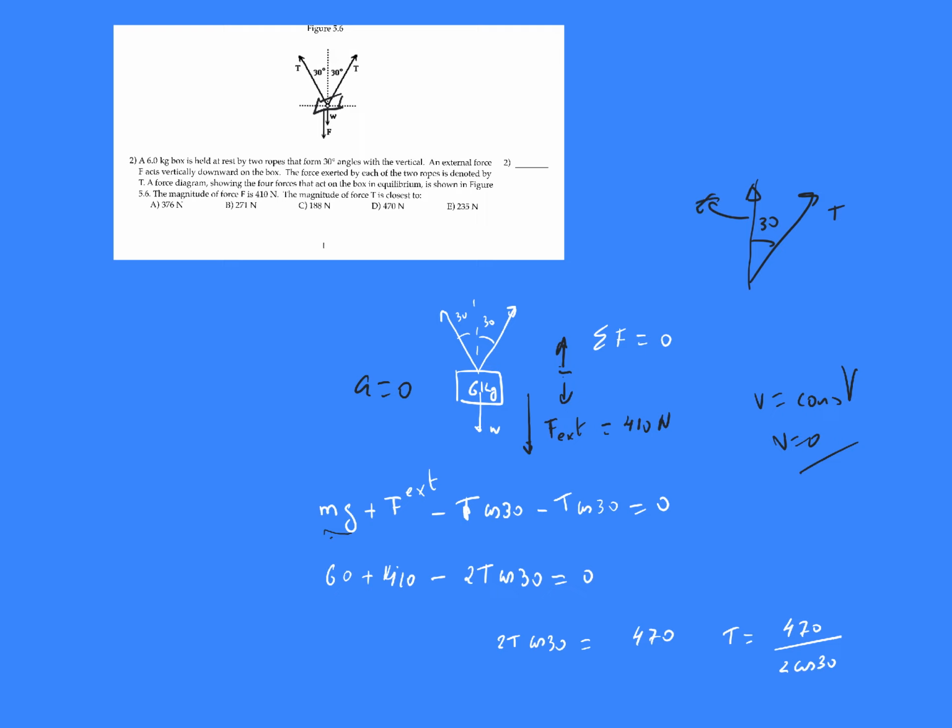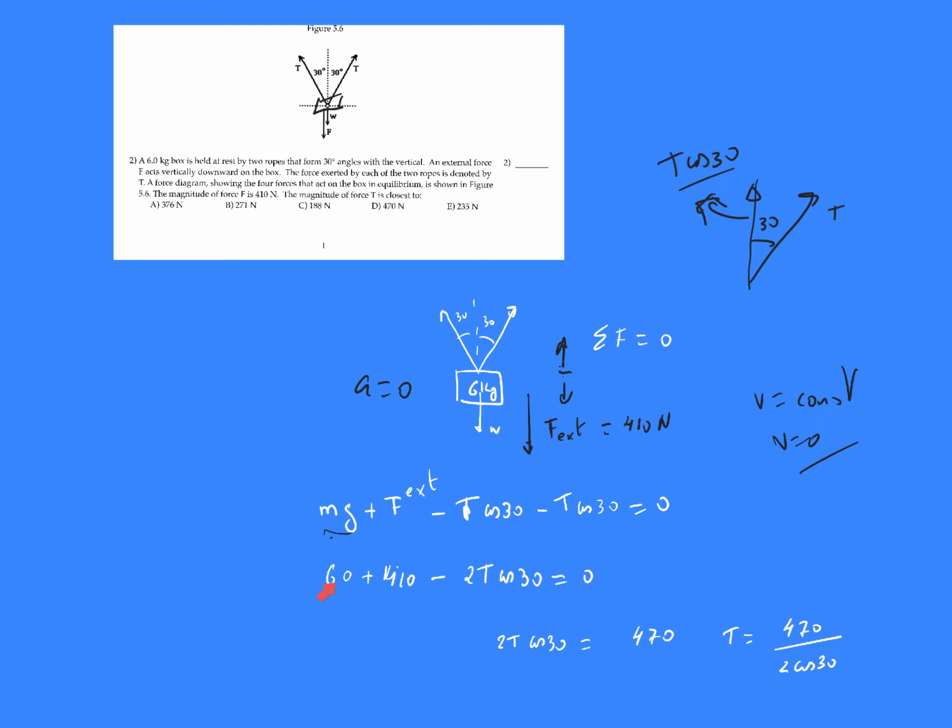Because I have chosen upward to be negative, it's minus T cosine of 30 due to this force, minus T cosine of 30 due to the other force. So the sum of all the forces is 0.